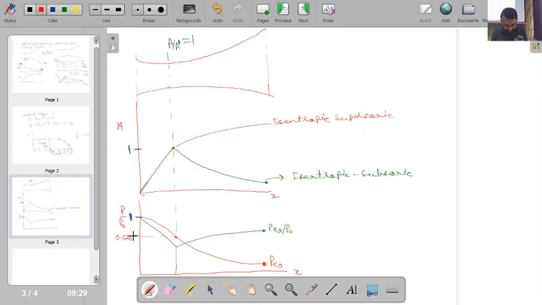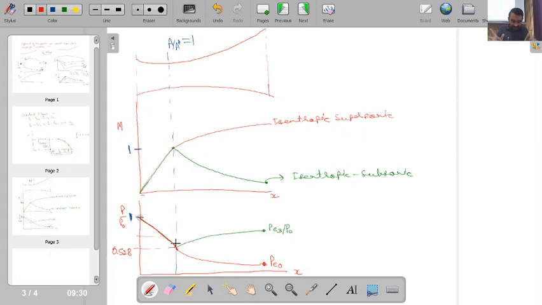Sorry, I have drawn it wrongly. Basically, up to Mach number of 1 it should superimpose with the previous profile, because the flow is remaining the same, so up to this it will be superimposing, and then it will keep on going like this. So this point is my 0.528. Any issue up to this point?